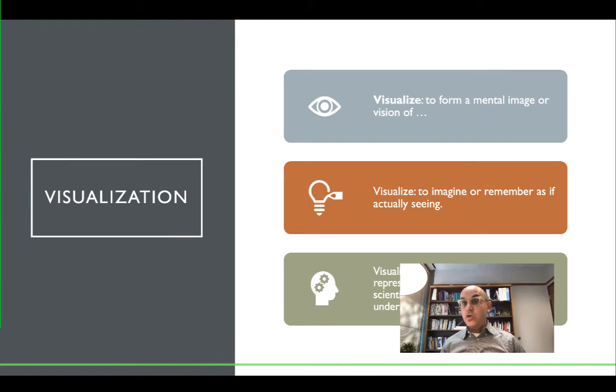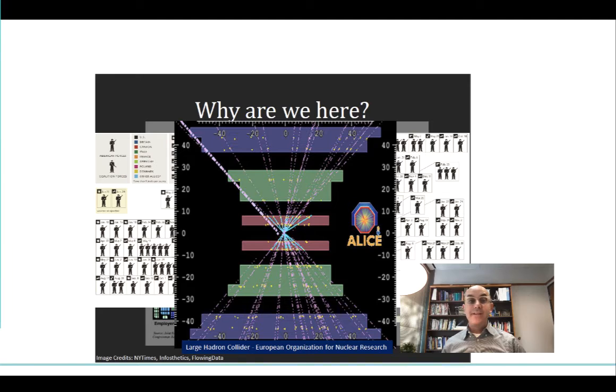So the visual is a form of mental image or a vision of. So visualize is to imagine or remember as actual seeing. So the visualization is the process of representing abstract idea or data as an image so we can have a better understanding of the meaning of the data.